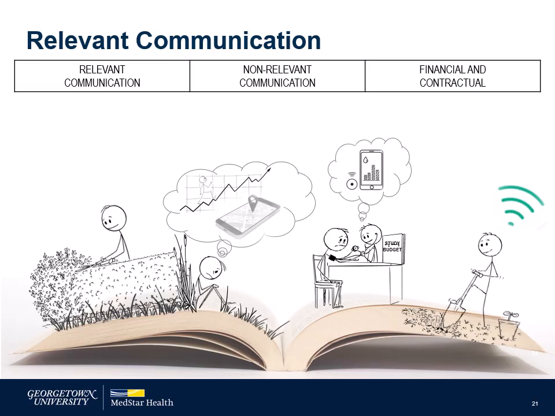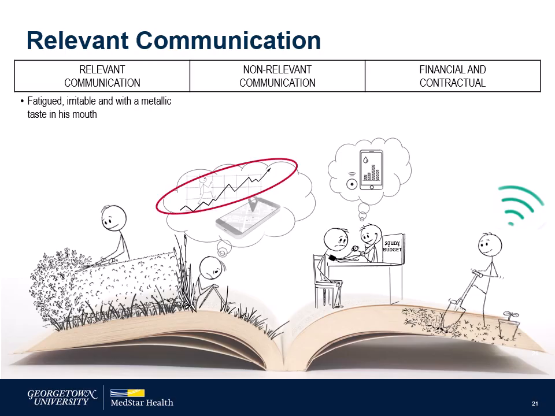Let's go back to our story and look at relevant communication. John is fatigued, irritable, and has a metallic taste in his mouth. And documentation of symptoms serves as a standard to make informed diagnosis and coordinate care over time and are considered relevant communication.